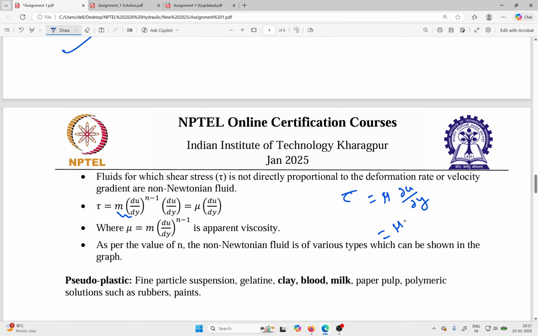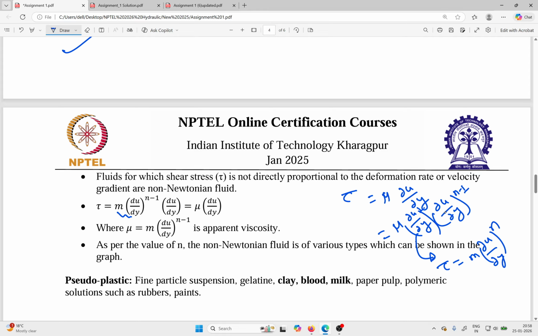Mu del u by del y to the power n minus 1, means for non-Newtonian fluid, tau is equal to mu del u by del y to the power n. So if I write here, because this value has the power 1, minus 1 plus 1 will cancel out, you will remain again with mu del u by del y.